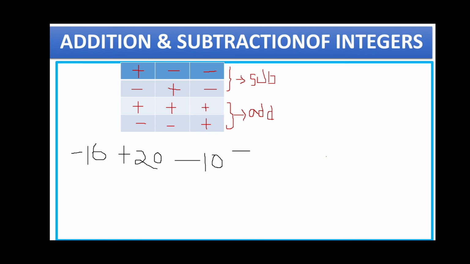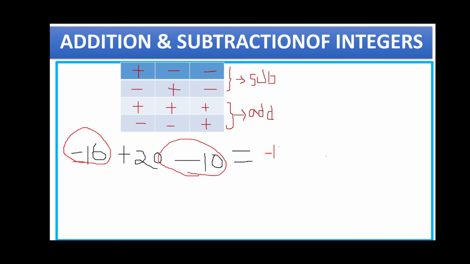So minus 16 plus 20 minus 10. As we have already said, always check for the same signs. So I am checking first minus 16 and minus 10, as both have the same signs. Whenever both the integers have the same signs, we have to do addition.